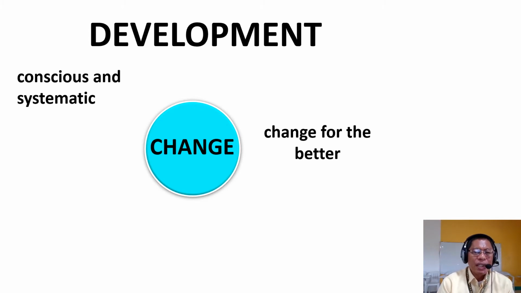We are not after that kind of change. We are after a change for the better. Yun bang tipong sa first grading, ang average rating ay 90, sa second grading ay 95, third grading ay 97, fourth grading ay 99. Yun.